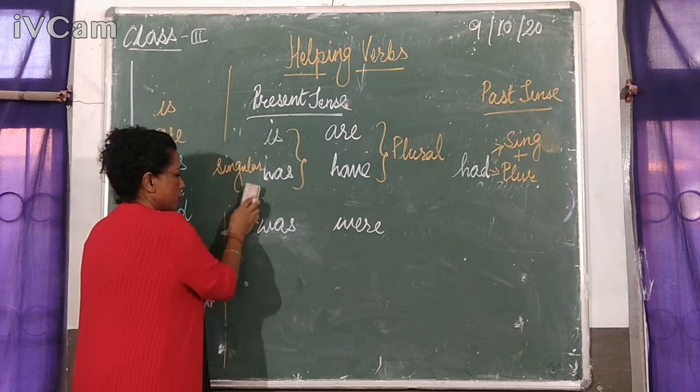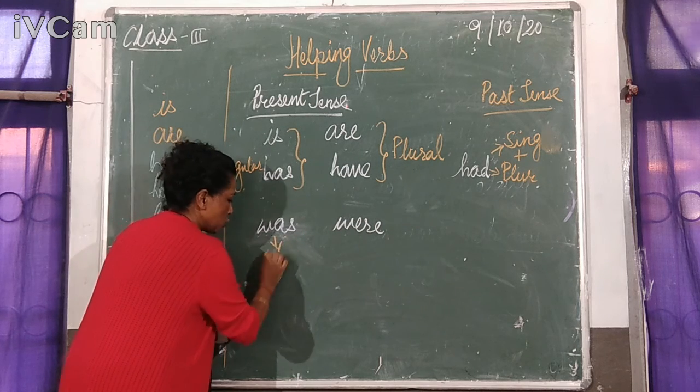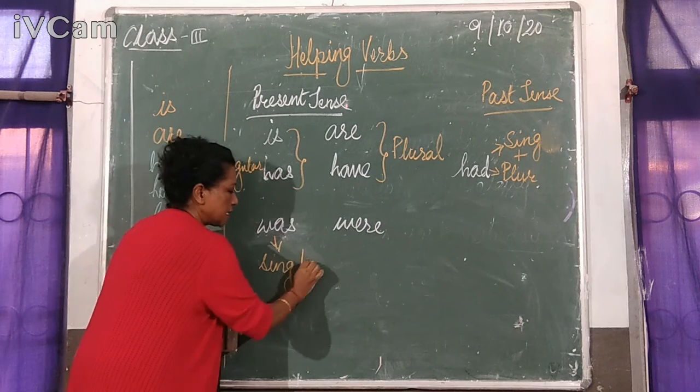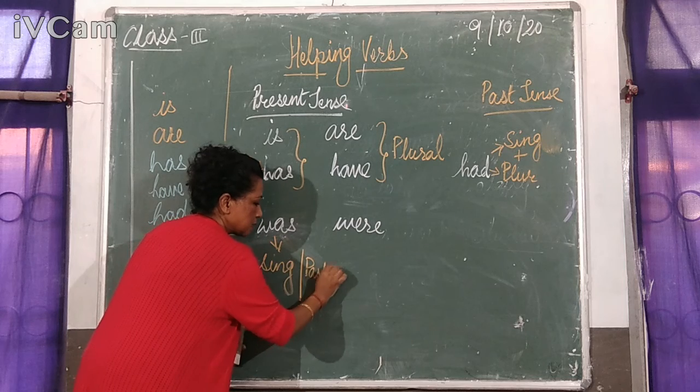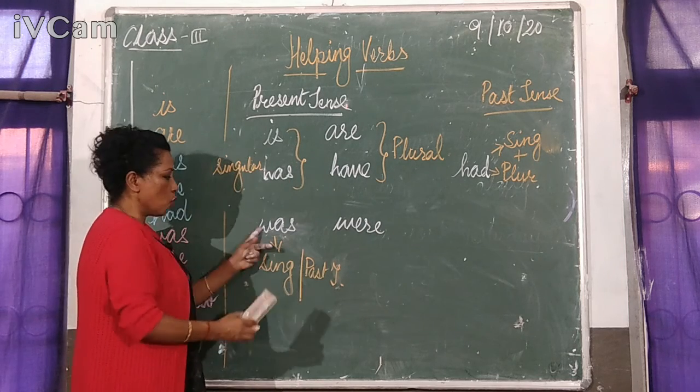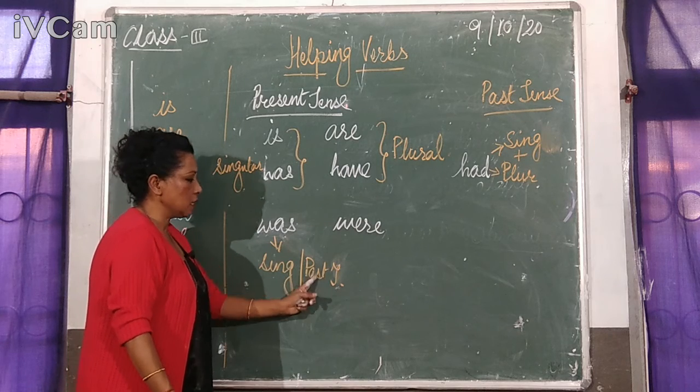Let me make an arrow here. It's confusing now. Was tells you about singular, one person, but in the past tense. T for tense.